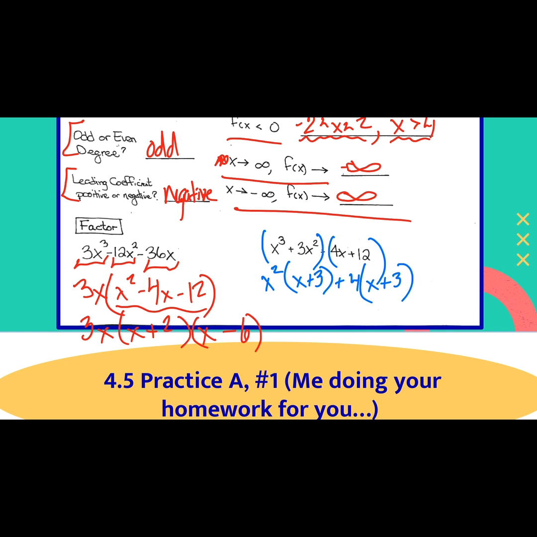Now that we chunked it up and factored out what we could, now what do we do? What can we factor out of this big term and this big term? What do they have in common? The little parentheses, the x plus 3.